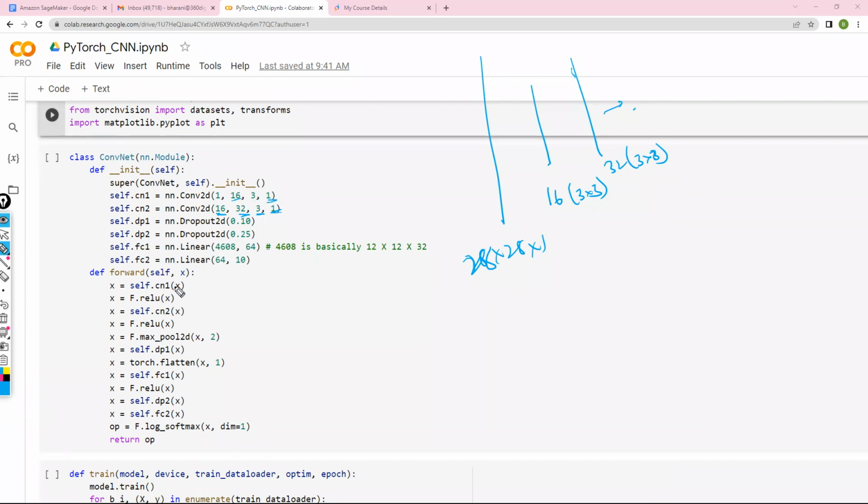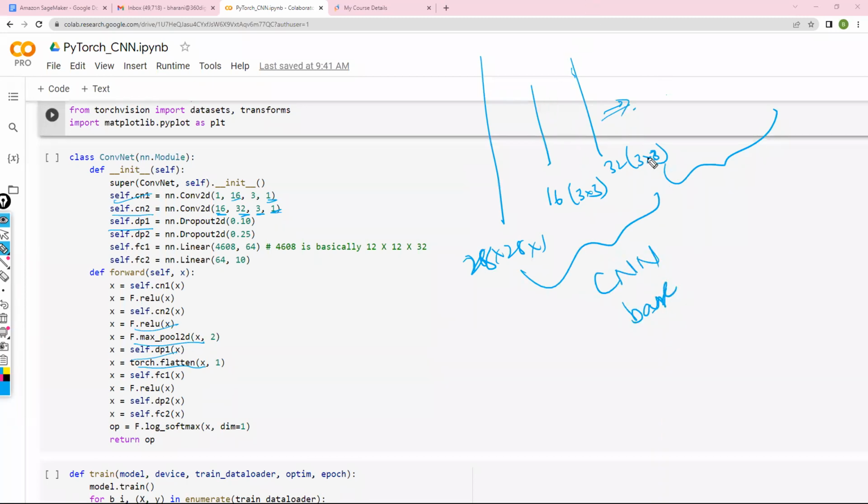The rest is pretty self-explanatory: you apply the CNN, then the activation function, then max pool, then dropout, then flattening before you supply the data to your fully connected network. So this is your CNN base.